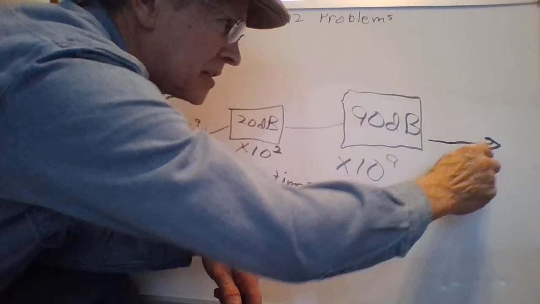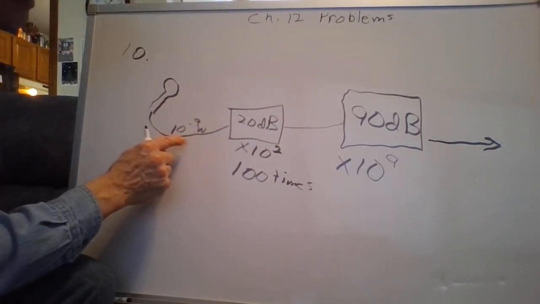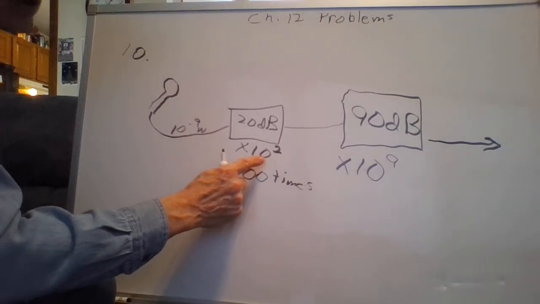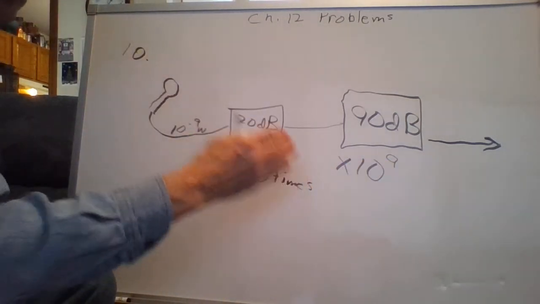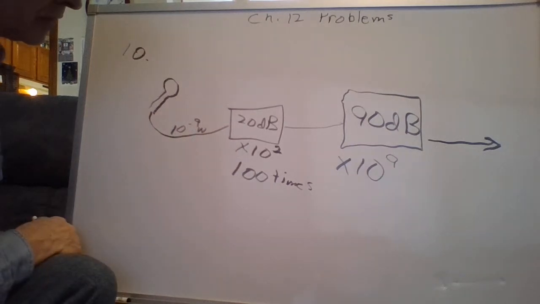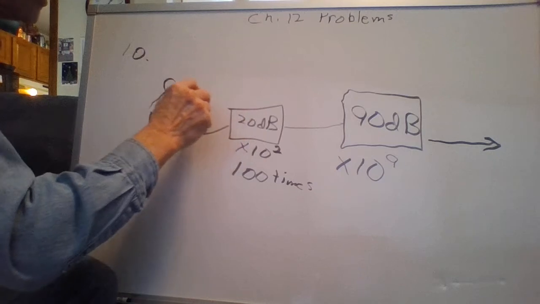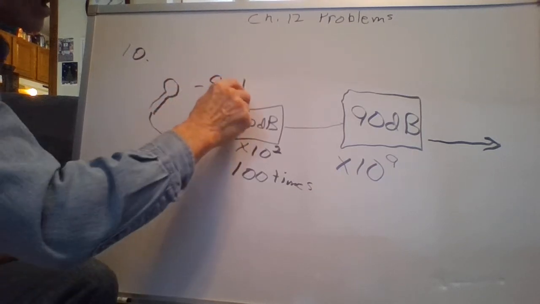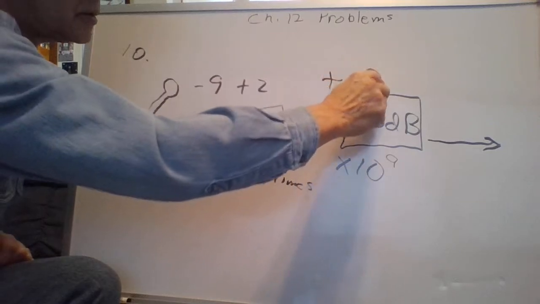What's going to come out of this finally? Well, it started at 10 to the minus 9th. You gain 10 to the 2. You gain 10 to the 9th if you want to just add the exponents. So the exponents we add here: we start with -9, we add 2, and then we add 9.